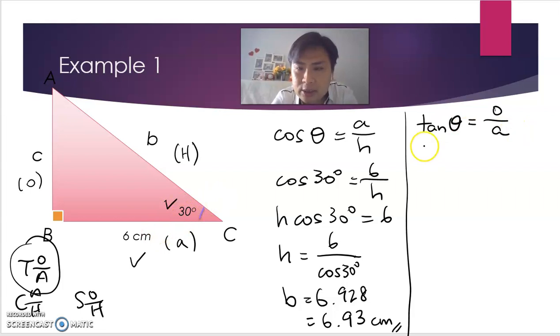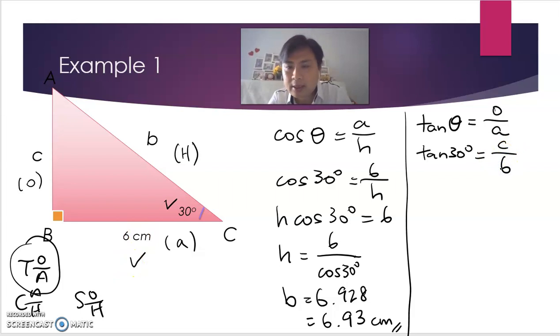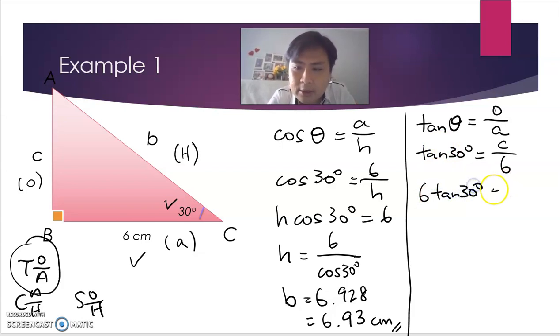Right? We replace the values inside now. So tangent 30 degree is equals to, O will be C, and A is 6 cm. Now we want to remove the 6 cm from the denominator. And how do we do it? We will multiply by 6. So 6 tangent 30 degree will be equals to C. Just flip it around.